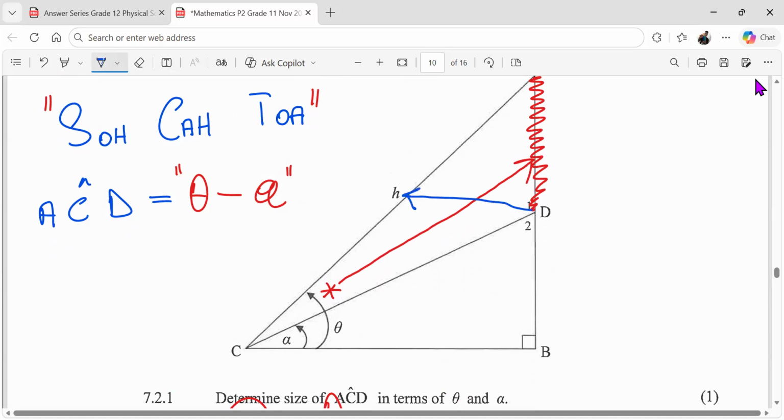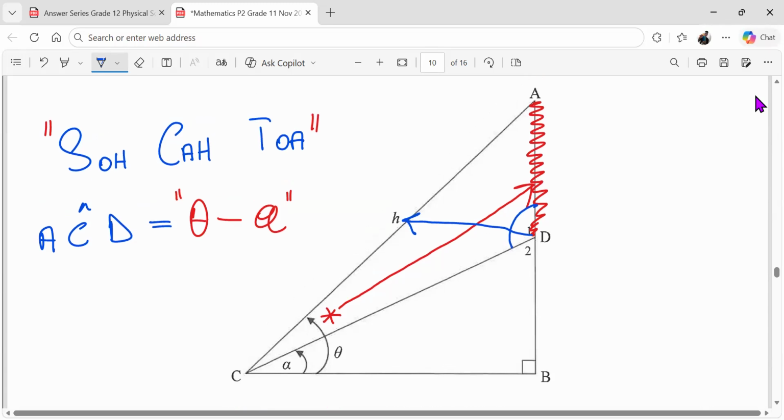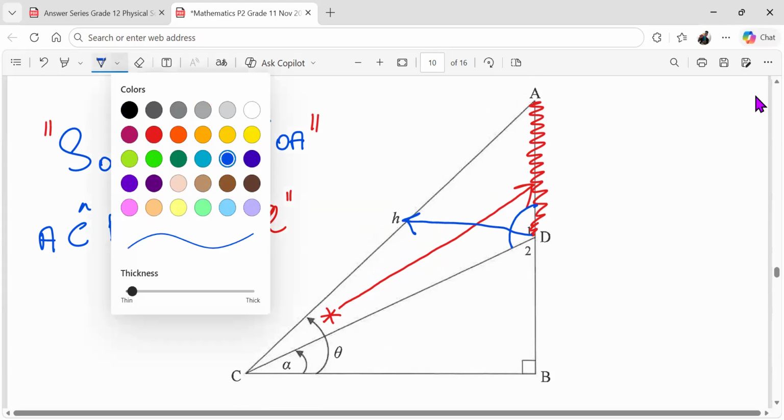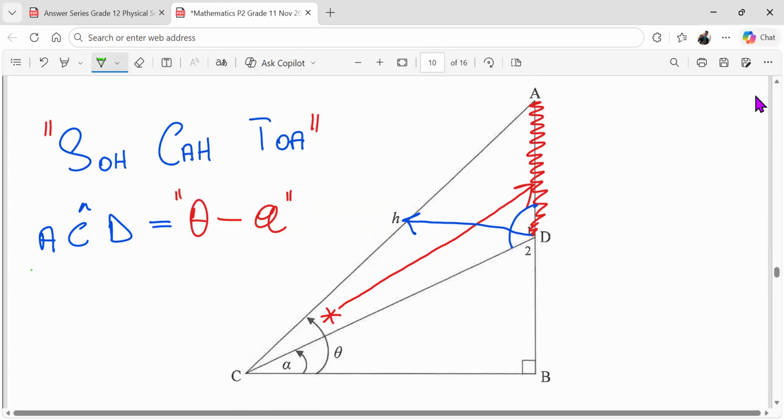That's what I'm saying to you in simpler terms. Now then, in order for us to use this blue pair, that's if and only if we know the size of angle D1. And we can find angle D1. How? Yeah, it's a bit tricky as well, but it's not tricky at all.